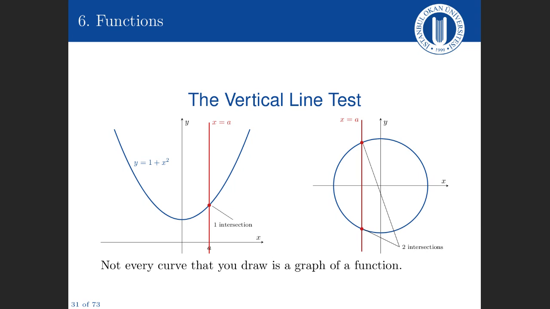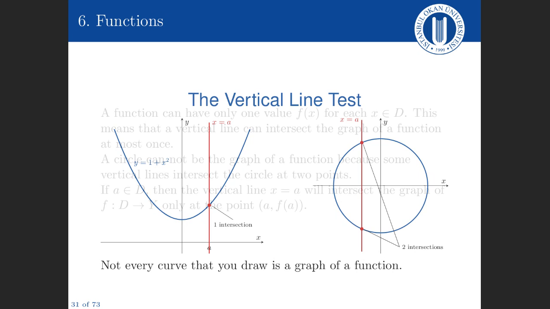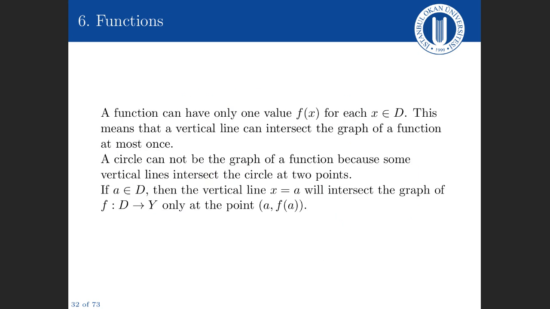For example, if I drew a circle and then a vertical line, the vertical line would intersect the circle at 2 points. This tells us that a circle is not the graph of a function. Vertical line test says a vertical line intersects the graph of a function at most 1 point.